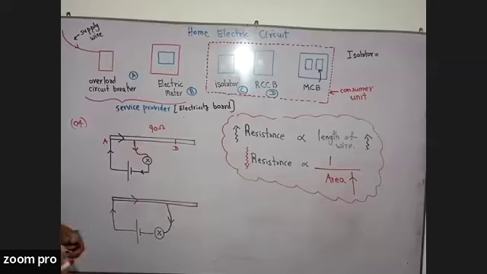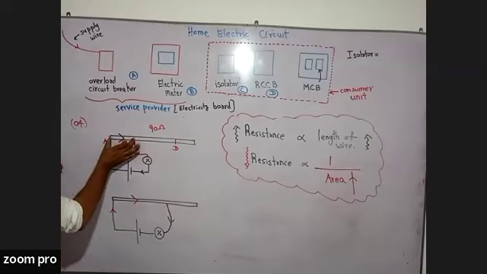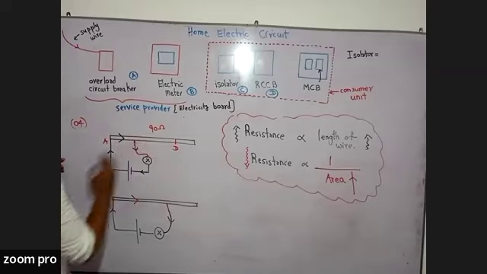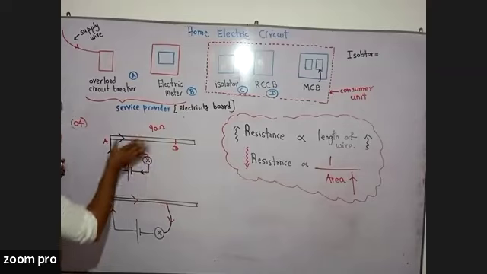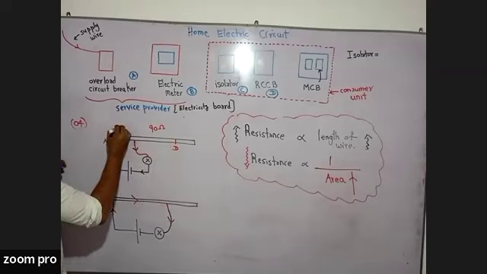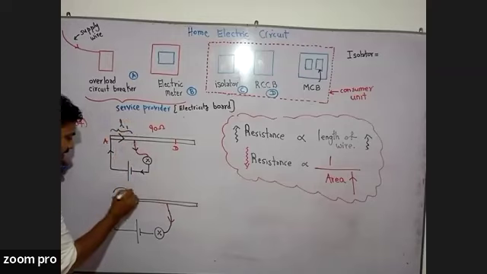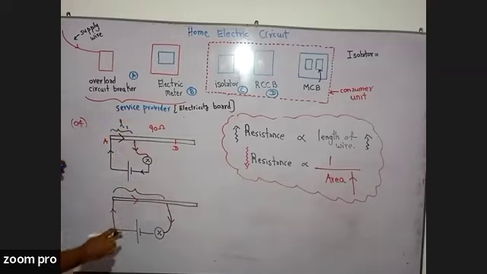Okay. So let's come to the question. Now this wire has a resistance, right? So when this pointer moves away from A, the distance is increasing. So let's assume this is the distance at the initial point, and this is the distance at the next point.